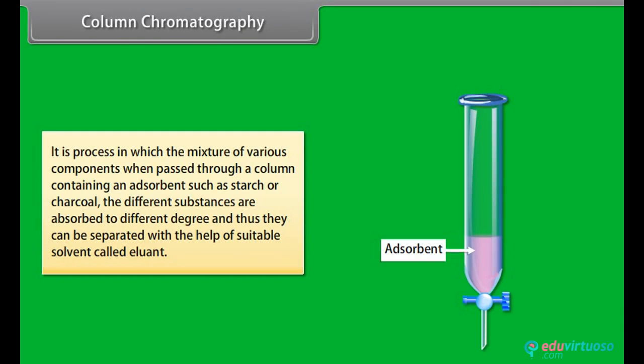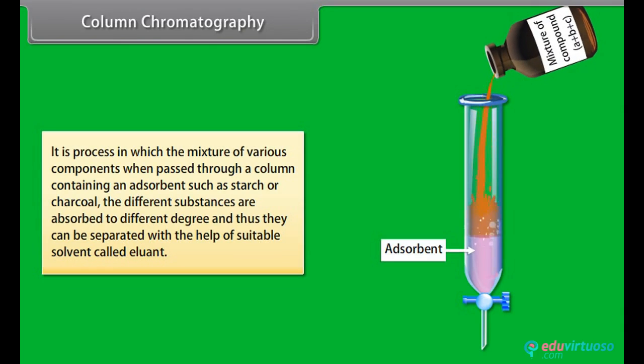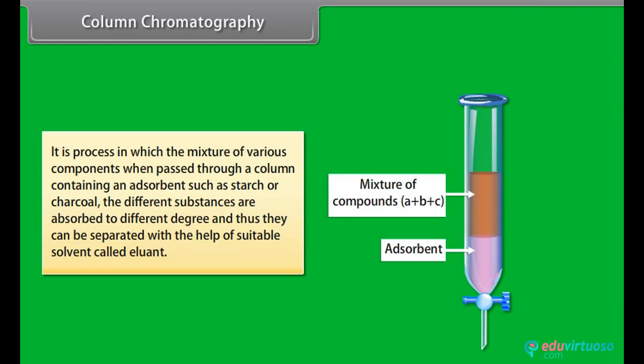Column chromatography. It is the process in which a mixture of various components is passed through a column containing an adsorbent such as starch or charcoal. The different substances are adsorbed to different degrees and thus can be separated with the help of a suitable solvent called eluent.